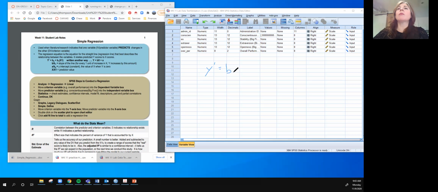This B with the 0 is the constant. This B with a 1 is the beta weight. And this X1 is the score of our independent variable. It can also be written the other way.